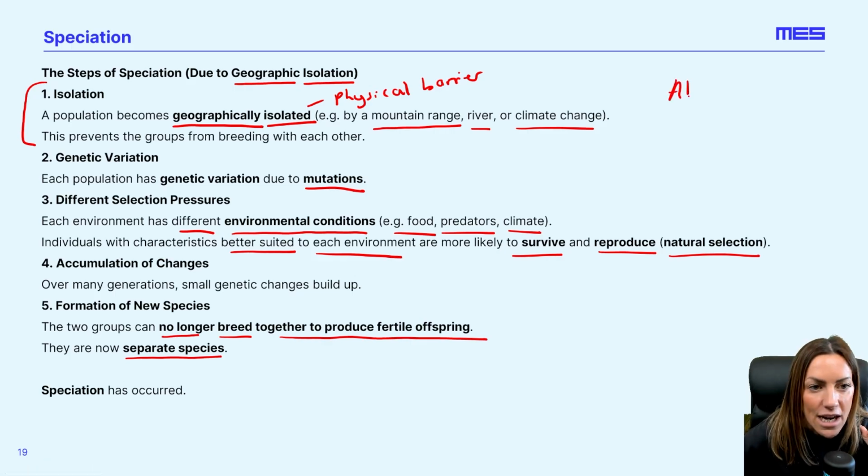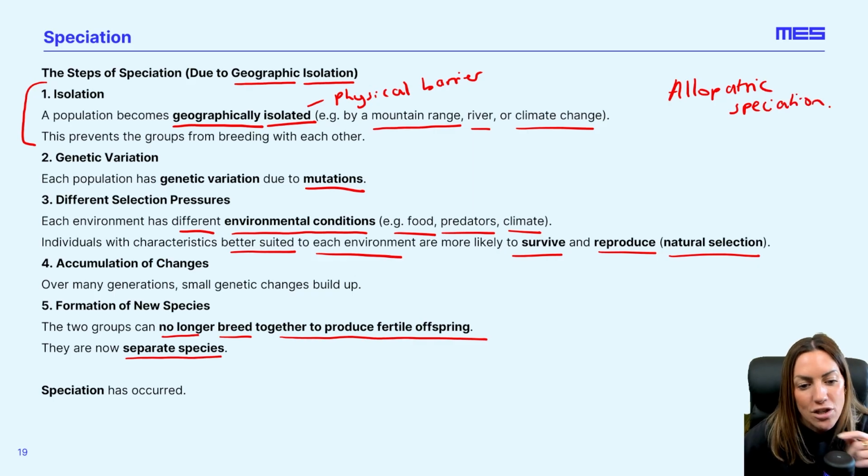This type of speciation is called allopatric speciation. You don't have to remember that for GCSE because it's the only one we learn about anyway, but you do have to remember the steps and you can kind of learn it as a model answer, right? So you have to have isolation. There has to be geographical isolation, a physical barrier that separates the population. You have to say that in each population, there will be some genetic differences or genetic variation due to mutation.